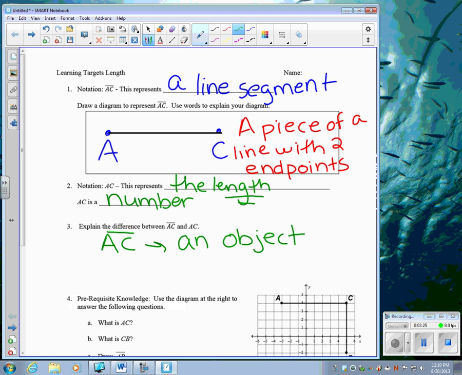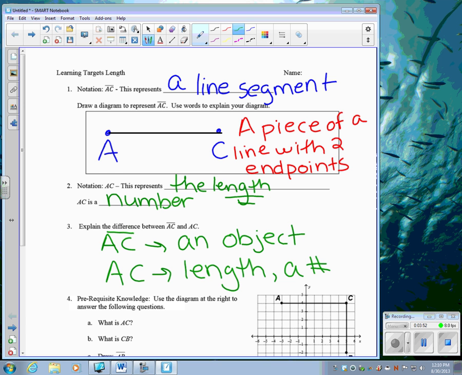When there is no bar across the top, that is referring to the length of the object that you are looking at. It is always a number. As we go on through this unit, you are going to be given just symbols and you are expected to know, is it referring to the object or is it asking me to find the length? All right, so we need to be comfortable with this information.